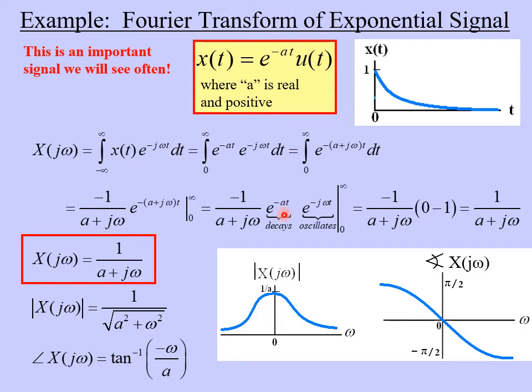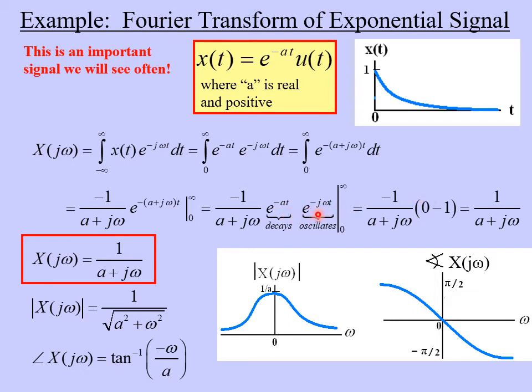So the real part here, e to the minus at, notice when we plug in infinity for t, we get e to the minus infinity. And that, of course, goes to 0. So this function right here, e to the minus at, is going to produce this 0 here.